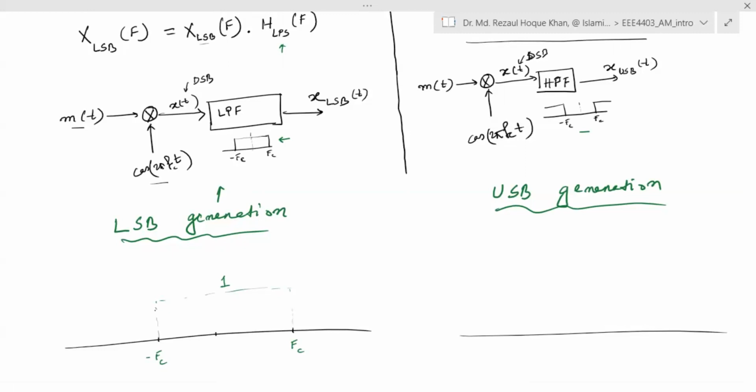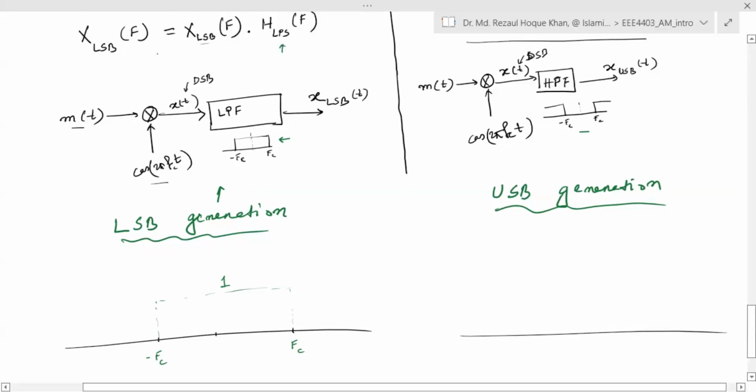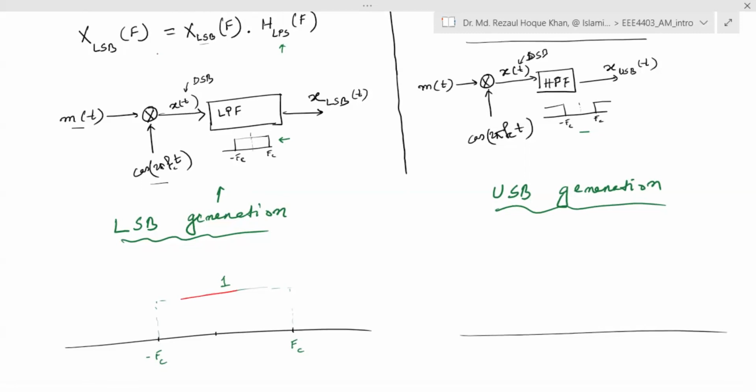Now that will not happen. What will happen? It will be very close to 1, but when it falls down, the cutoff starts from here to here, something like that.